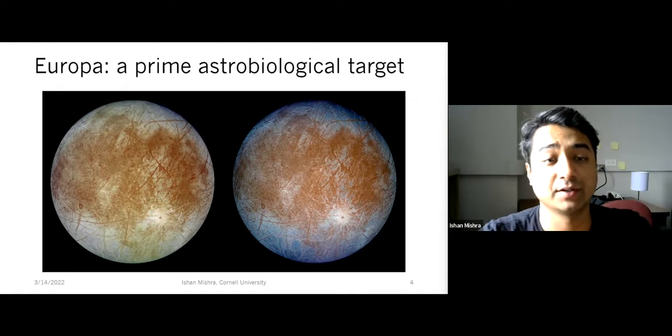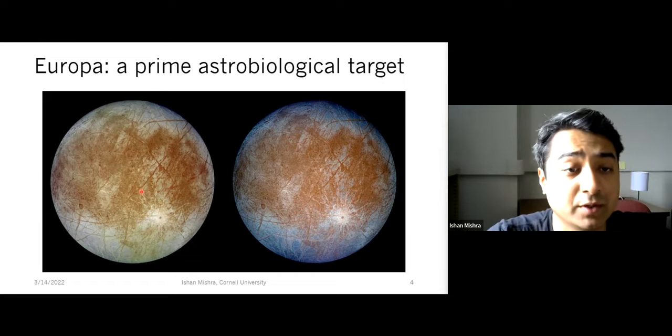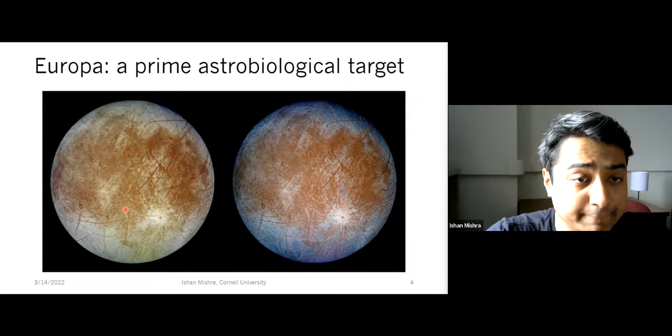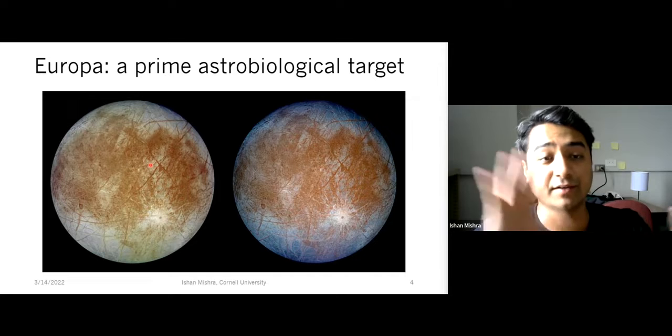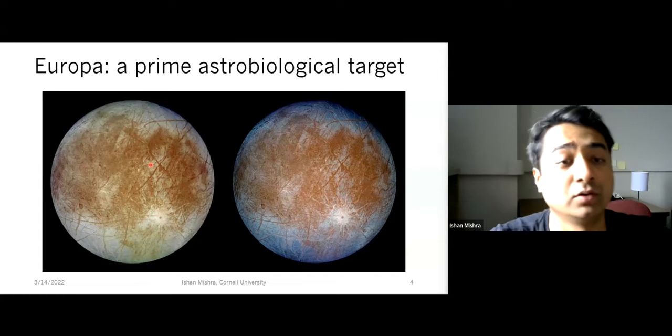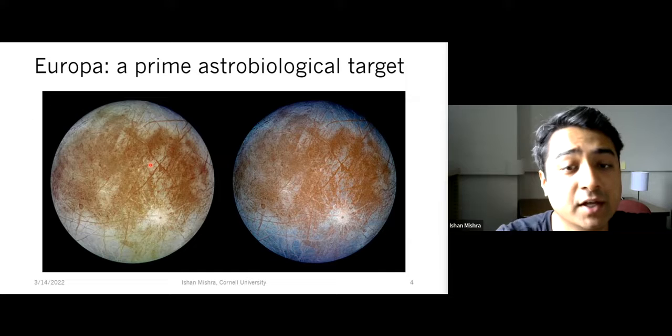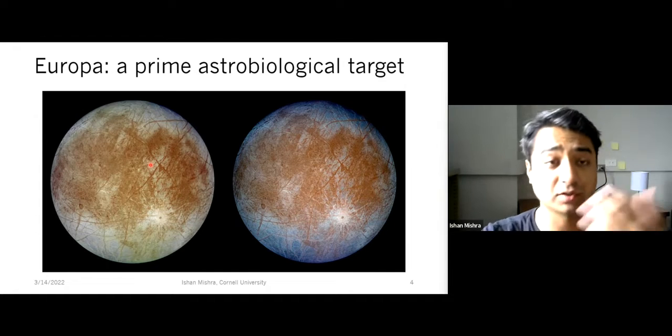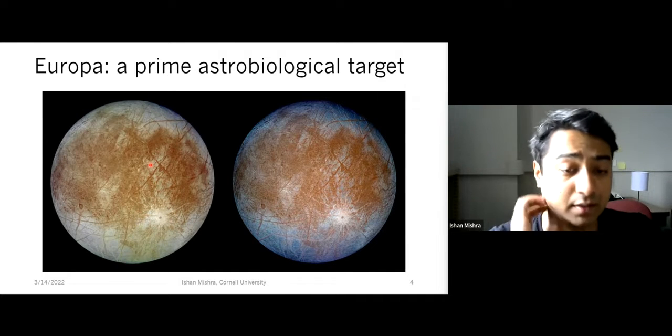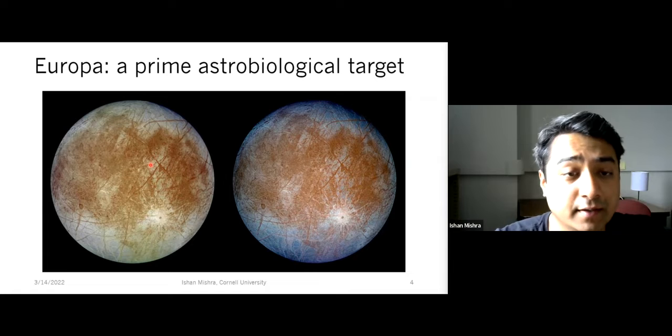And the picture here is a famous one where you can see the famous dark regions of Europa, which we have strong evidence are non-water-ice components, a mixture of things coming from the inside and exogenic bombardment.